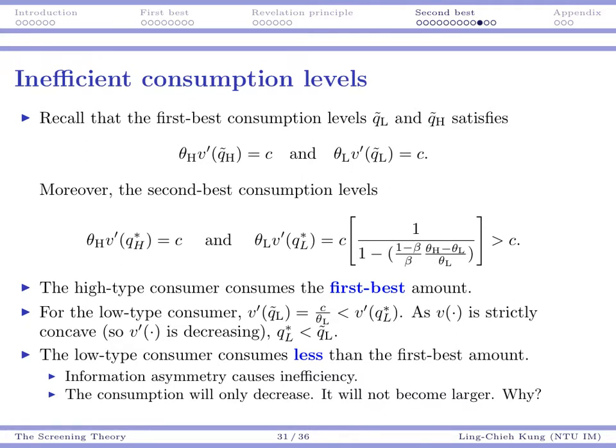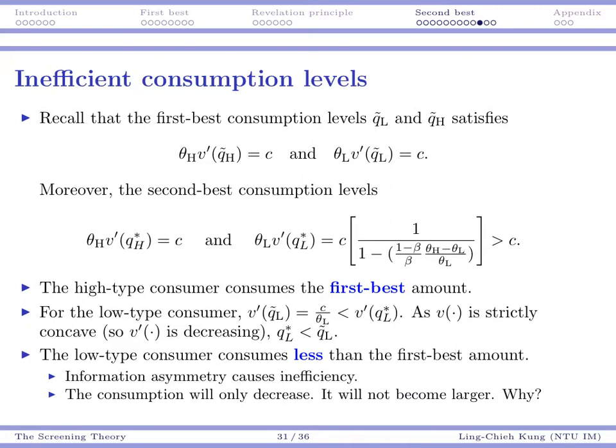Okay, when we compare the consumption level or the quantity with the first best quantities, immediately we can see that for the high type consumer, the two conditions are the same. So the high type consumer will still get the first best amount. So that means at the high type part, this solution is the same.